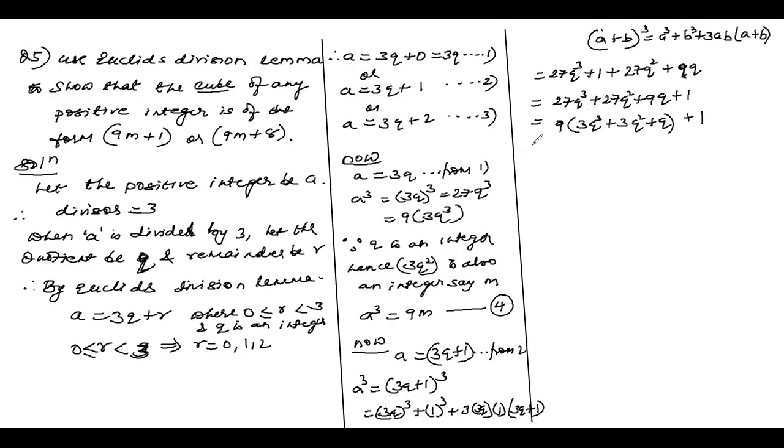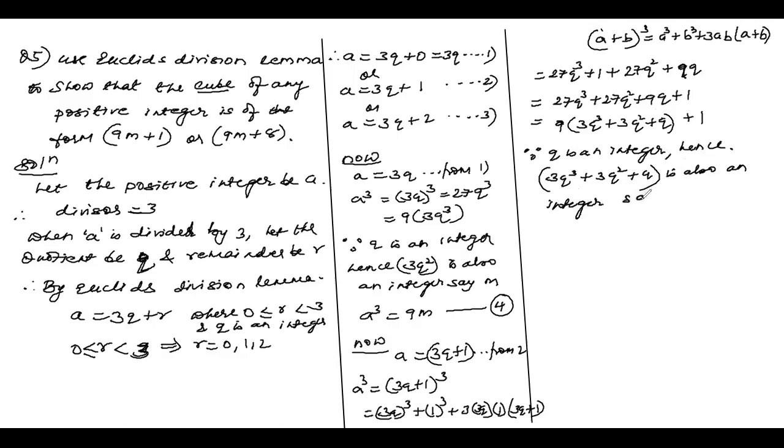Now, since q is an integer, hence 3q cube plus 3q square plus q is also an integer, say m.